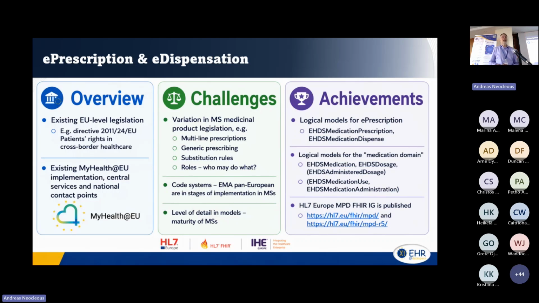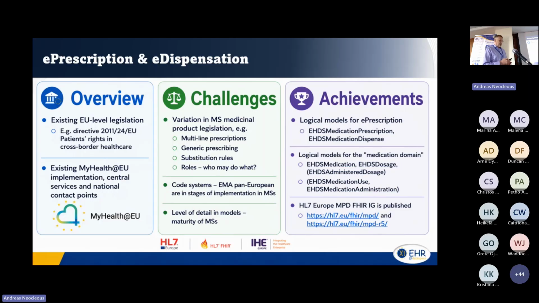Prescriptions are actually being sent and dispensed across borders in the European Union today. So this is not something to easily make changes to, a working system. We don't want to poke around there.